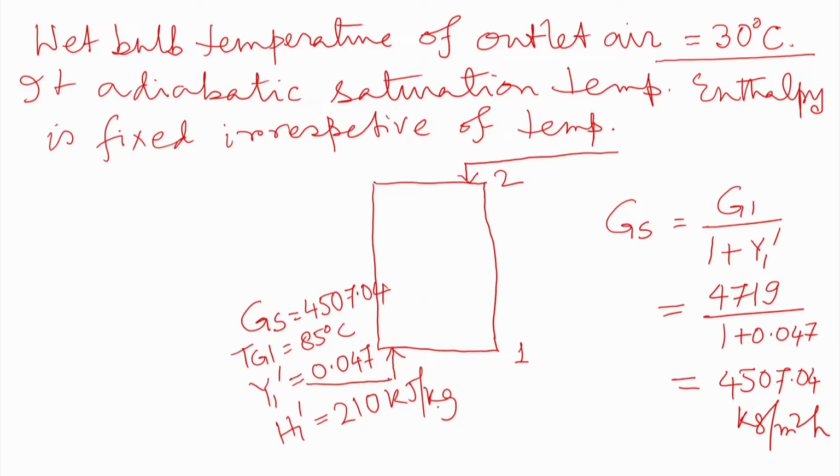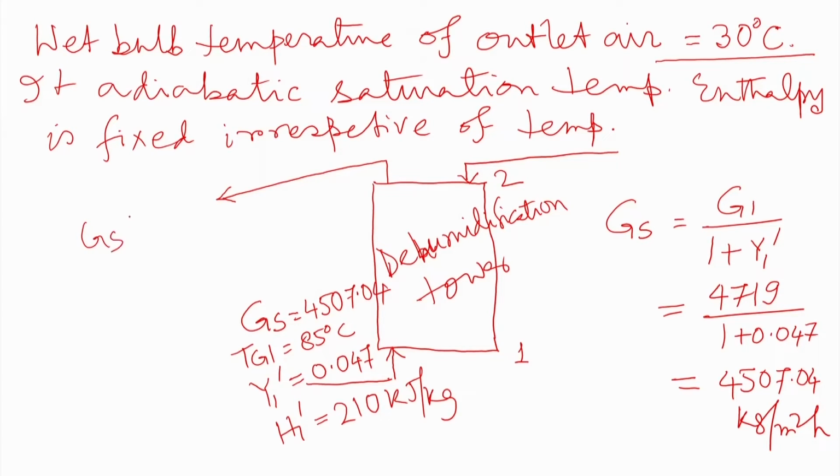And for the cold air that will come out from this dehumidification tower, GS is fixed. GS will remain constant, that is nothing but 4507.04.